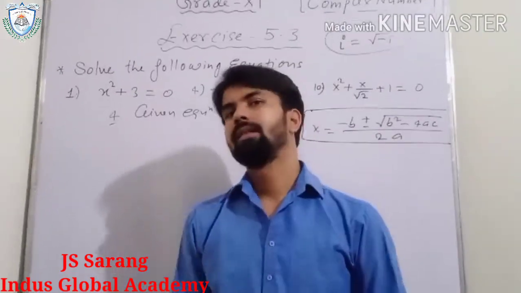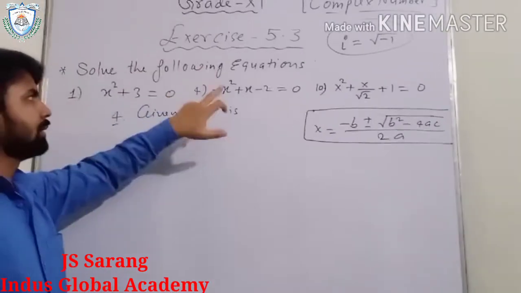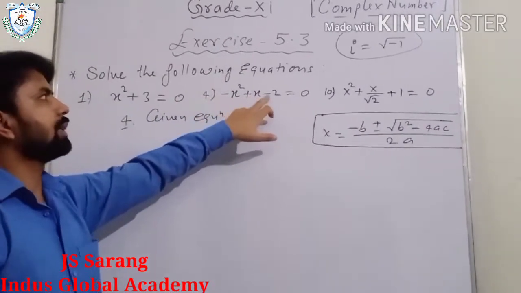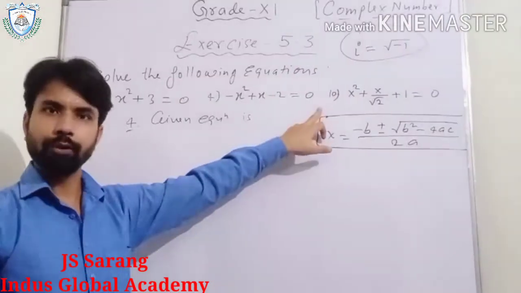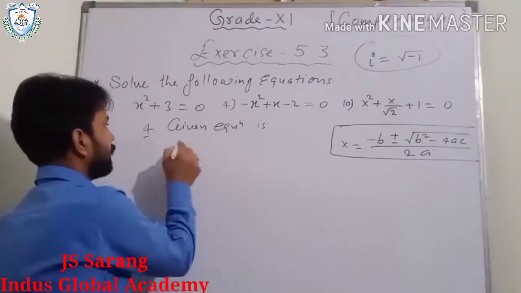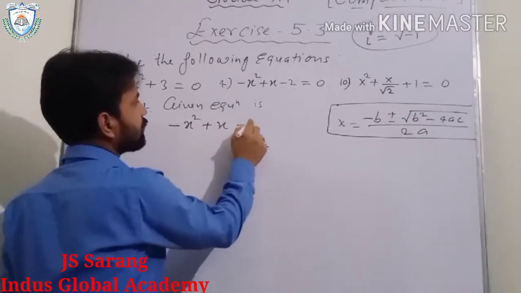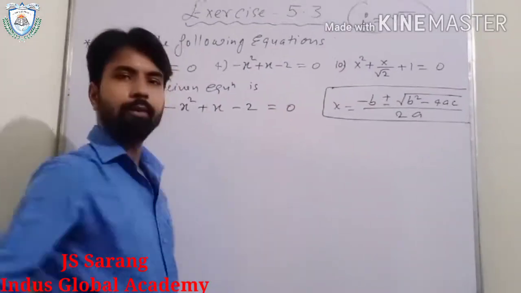Okay students, now I am explaining question number 4 of this exercise. That is minus x square plus x minus 2 equals to 0. Clear? So first of all the given equation is minus x square plus x minus 2 equal to 0.